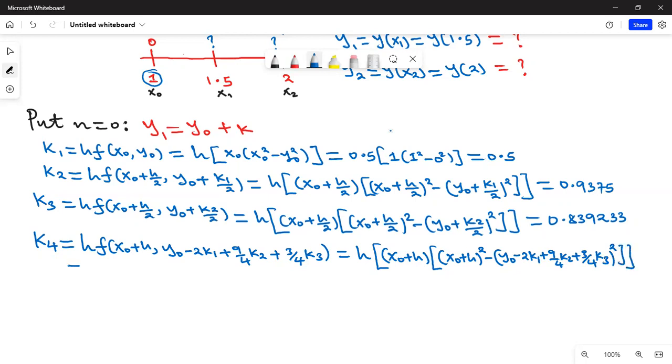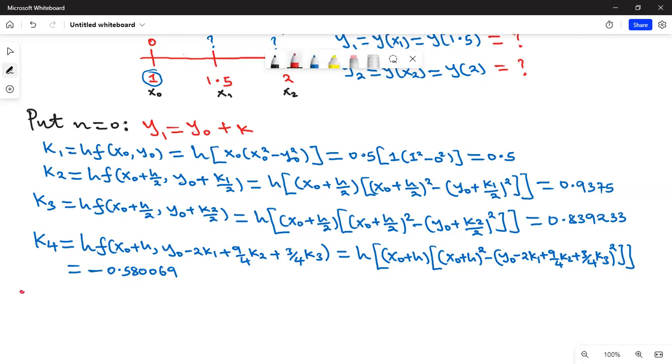When you press it in your calculator, you need to get K4 equal to negative 0.580069.